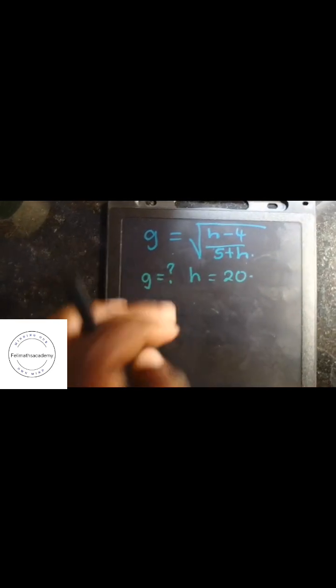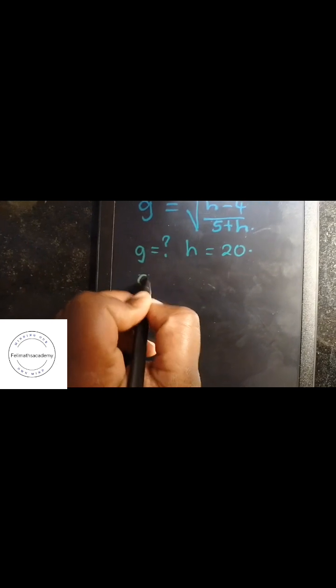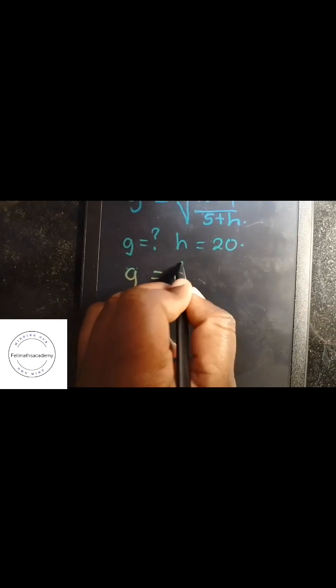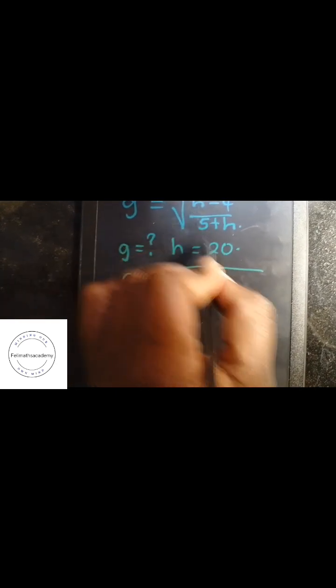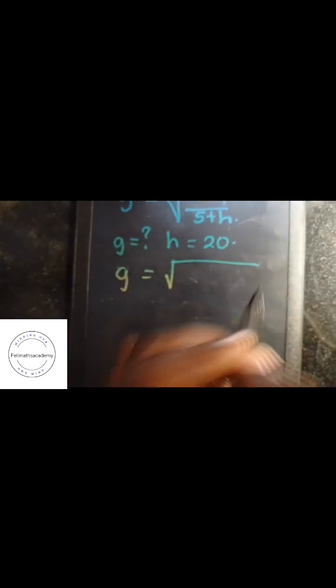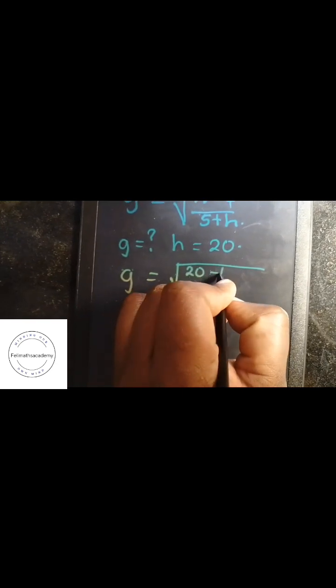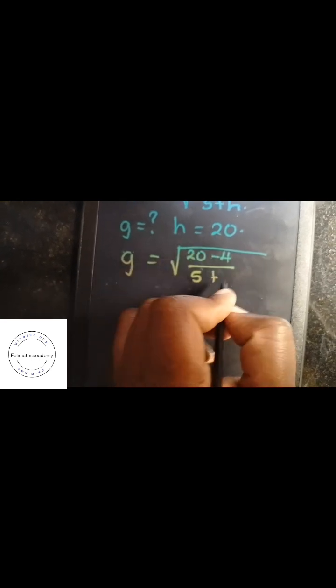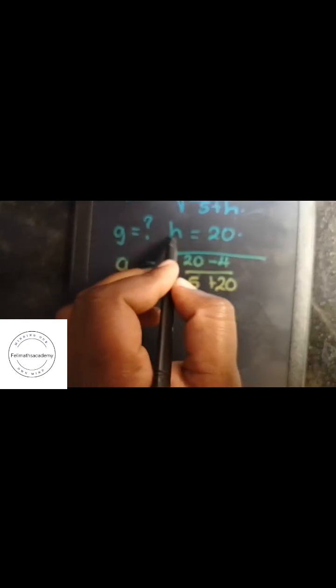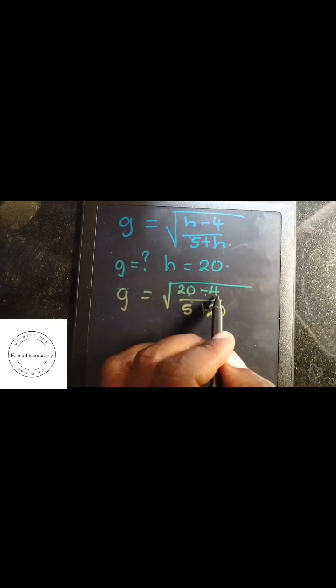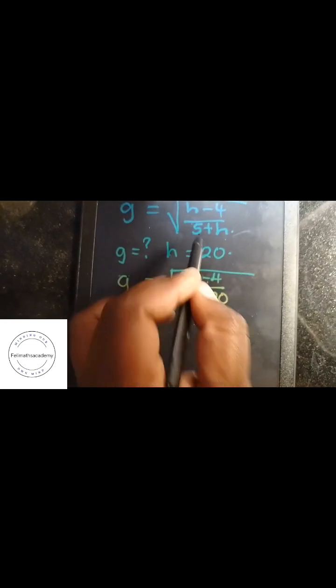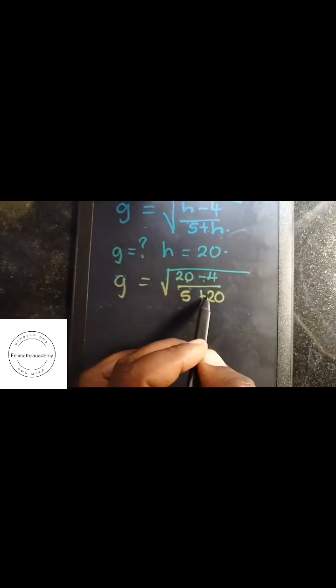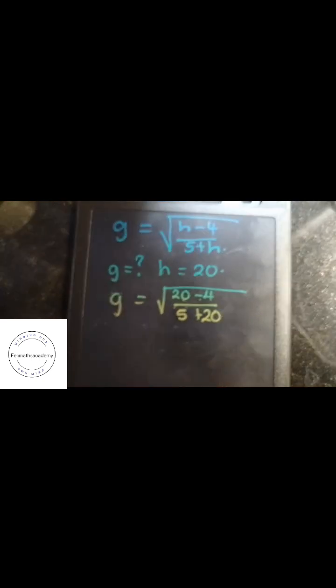So we don't have a value for g there. So our g is equal to the square root of, we substitute h with 20, minus 4 over 5 plus 20. So h is 20 minus 4, all over 5 plus, our h is 20.